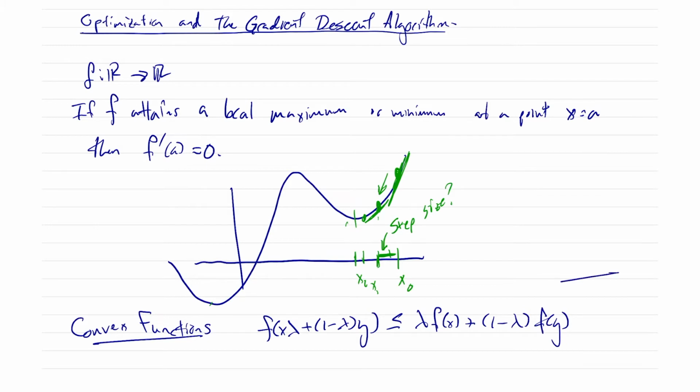So basically, it says that if you have 2 points here, x and y, then a convex function basically stays underneath the secant line of those points. So this could be something like x squared or the exponential function, things like that.